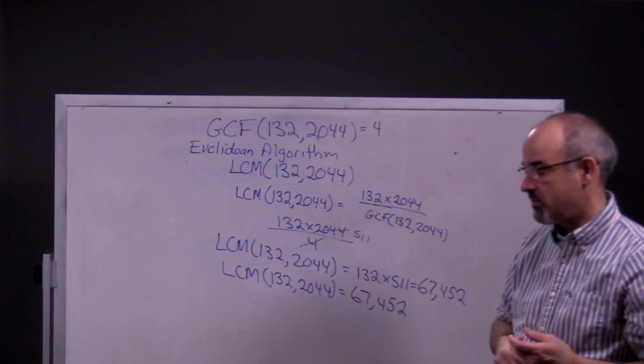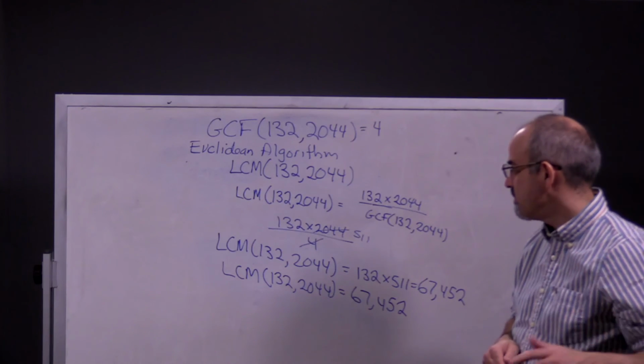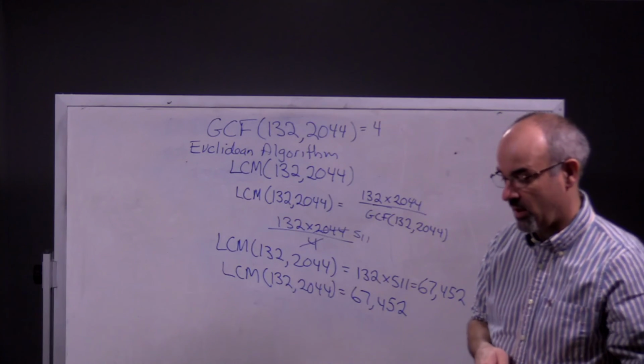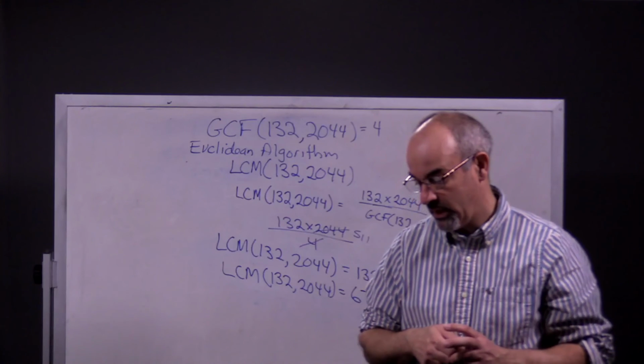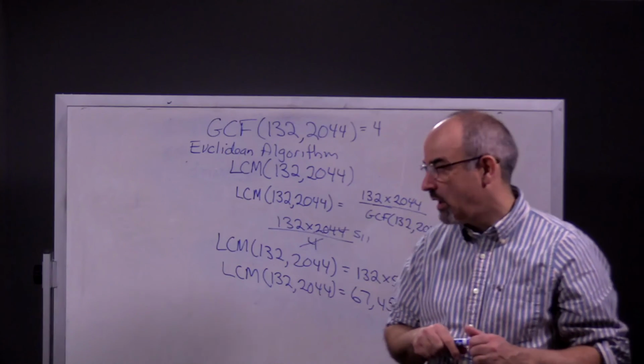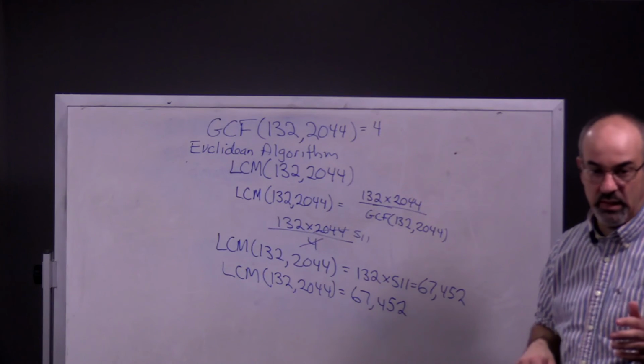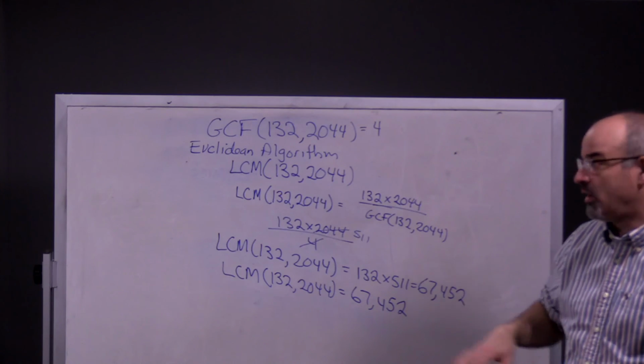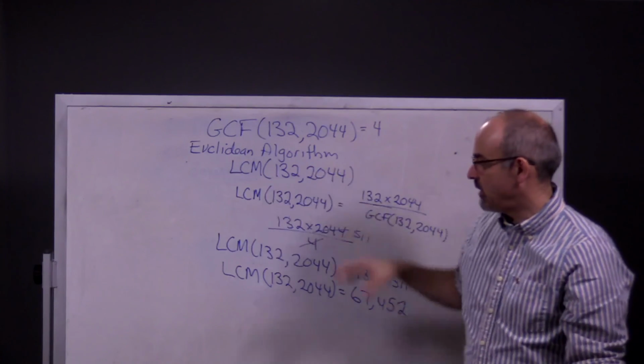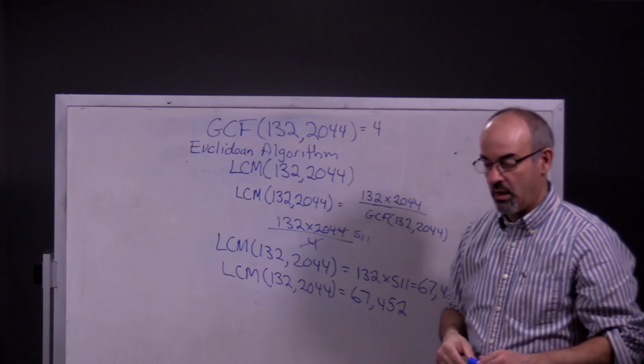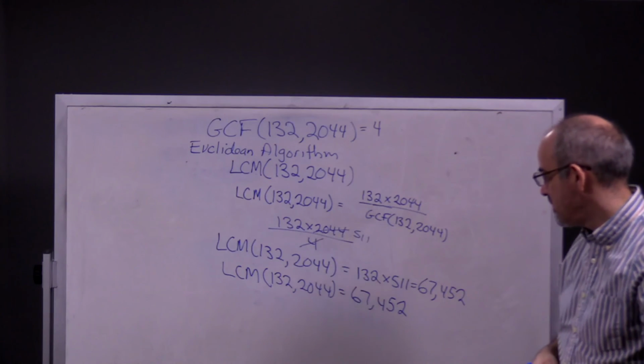That way we can add and subtract fractions. This video is going kind of long, so I think I'll just stop and make another video where we use the fact that we know how to find LCM now to help us add and subtract fractions.